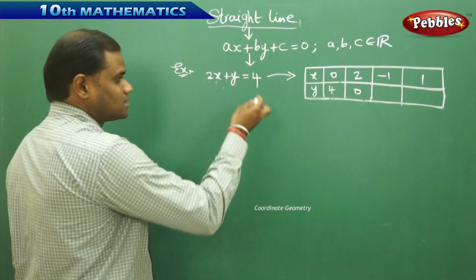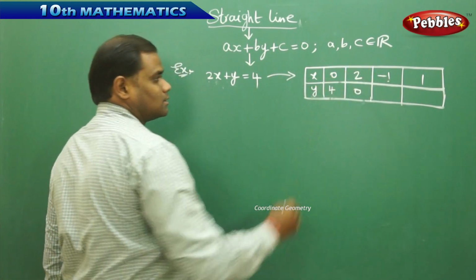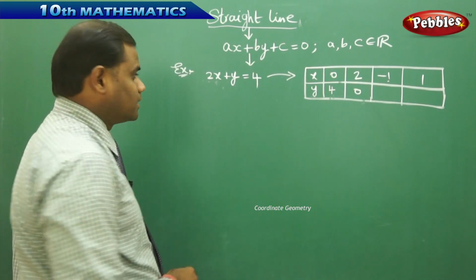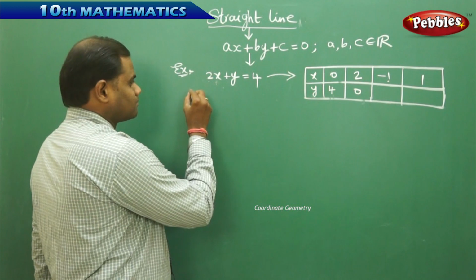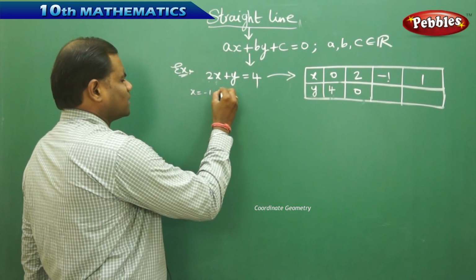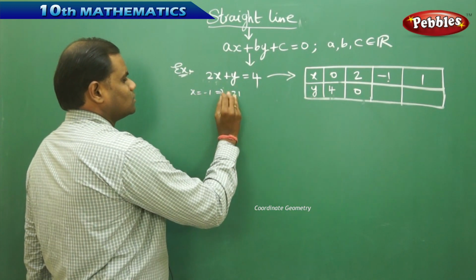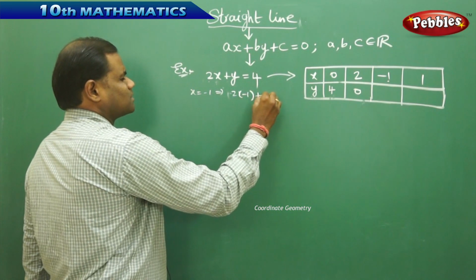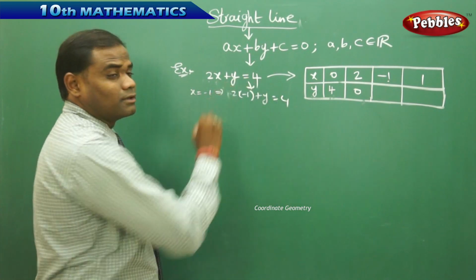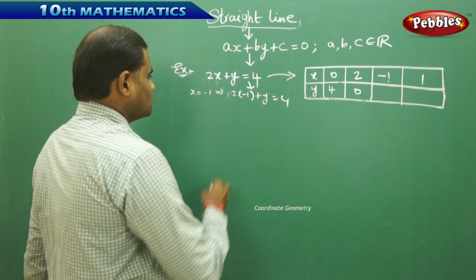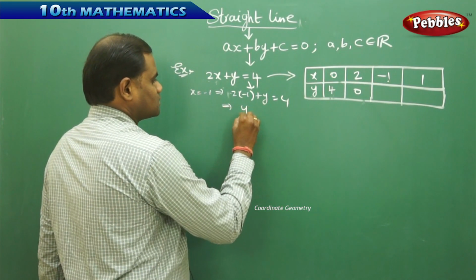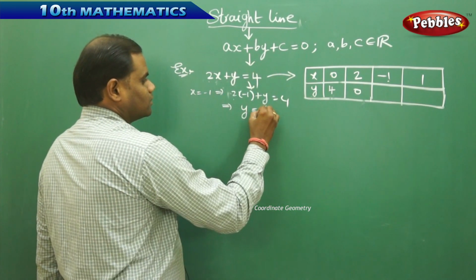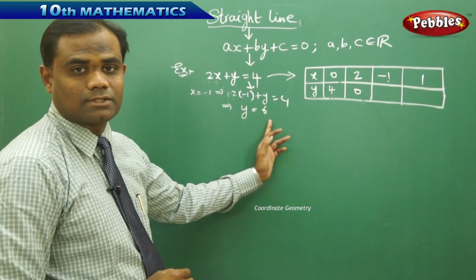Similarly, I take x equal to minus 1, and let's see what the value of y will be. So x is minus 1 implies 2 times minus 1 plus y equals 4 from the given equation. On further simplification this gives y equals 4 plus 2, which is 6.